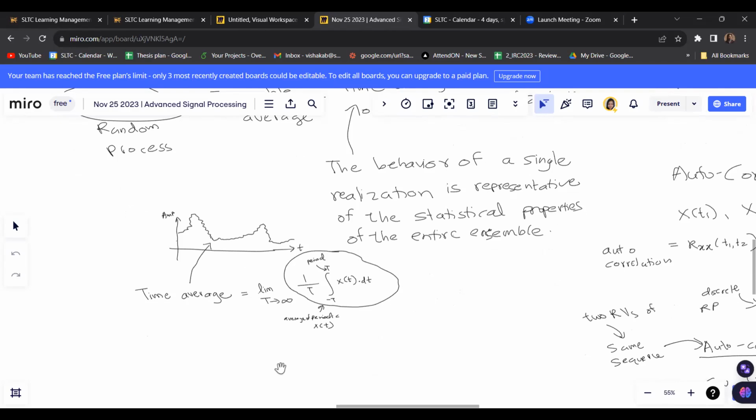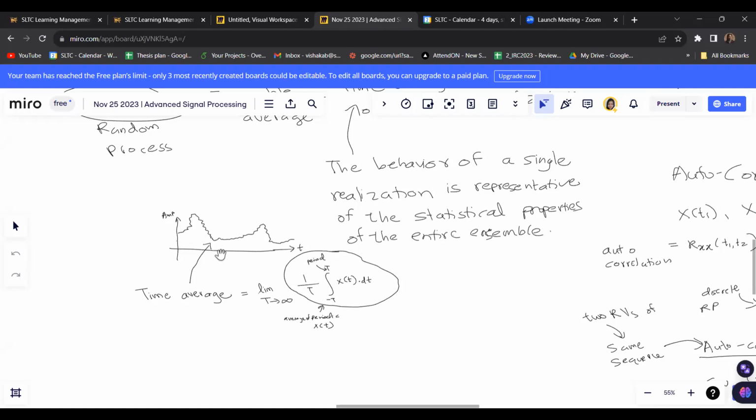So what does this function do? This function basically finds the average of the amplitude, the average of the signal amplitudes, by taking into consideration all the signal amplitudes over time.